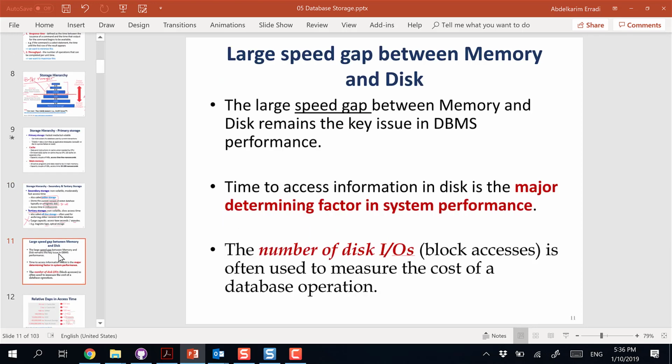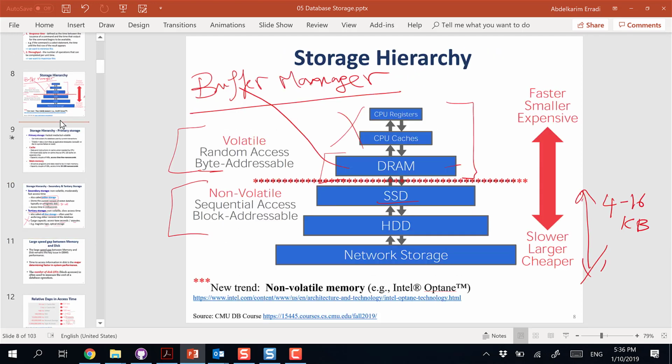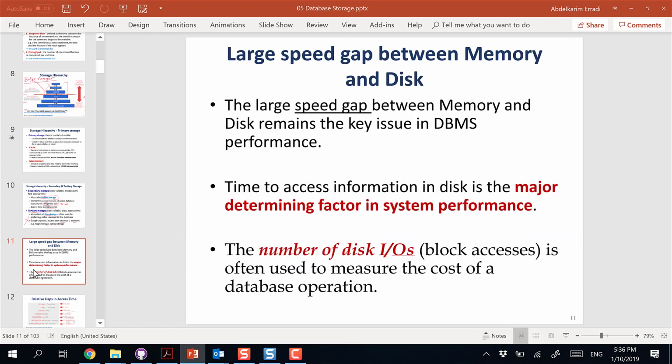Okay. Now, what we also conclude from here is that there is a major speed gap between these various levels of storage. This gap creates a major challenge. There is a speed gap between memory and disk, and this gap needs to be taken into consideration.